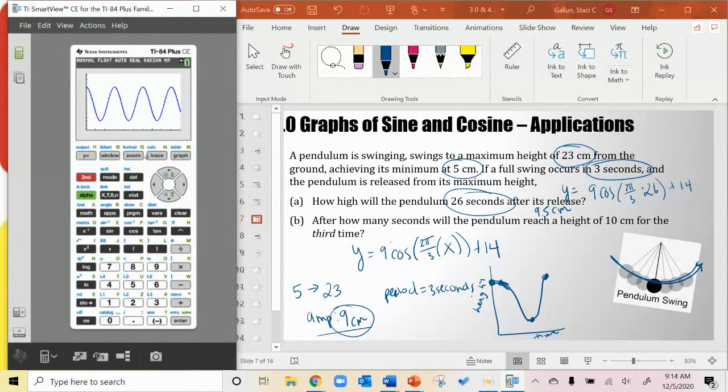Right, so second trace value, let's see, after 26 seconds, where it is. Oh, it's not in the window. Sorry. Second trace value, 26. 9.5. No, I did plug it in right. I wasn't convinced for a moment. Sorry, guys. Pretty cool, right?